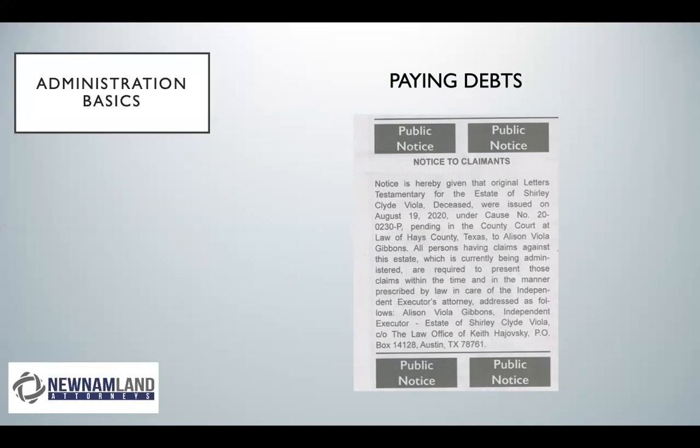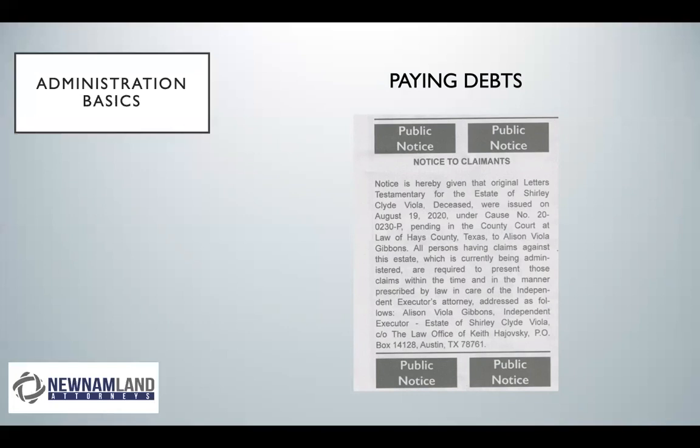Maybe you know that there's still money owed on the house. So some of the debts will be obvious and you're going to know of, but you may not know of everything. So through the probate process, you have to notify creditors that there is a probate pending and that if they want to get paid, they need to make a claim to the estate.